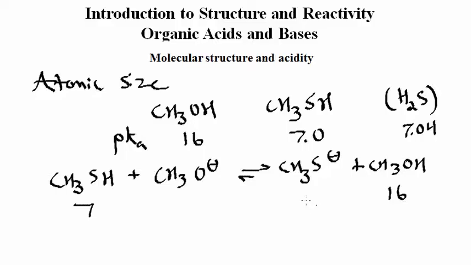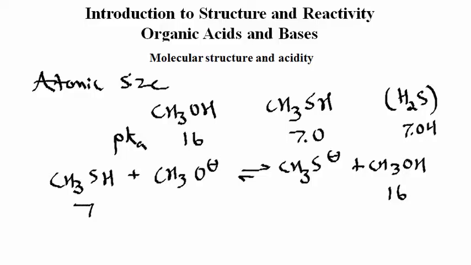Now, getting back to the atomic size, the relative acidity of these two hydrogen acids, and in fact any set of hydrogen acids within a group of the periodic table, is related to the size of the atom that bears the negative charge. Size increases from top to bottom within a group because the valence electrons are in increasingly higher principal energy levels. This means that they are farther from the nucleus and they occupy a larger volume of space. Because sulfur is below oxygen, it is larger than oxygen.